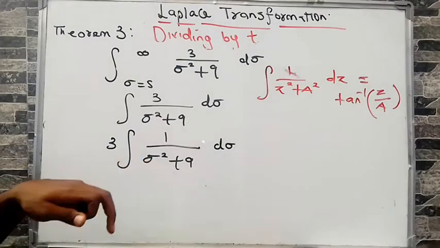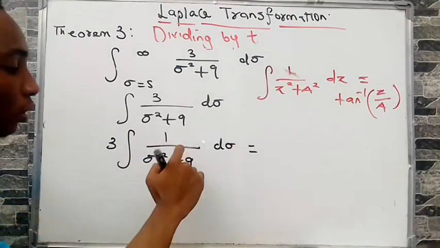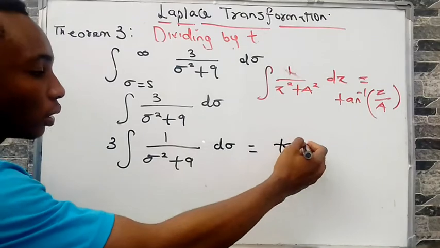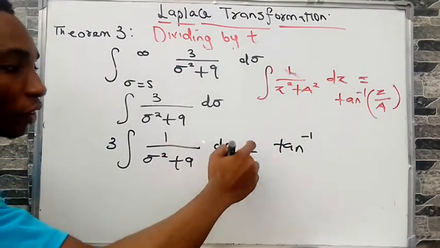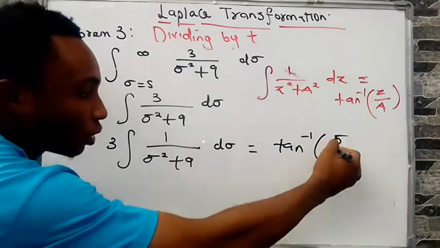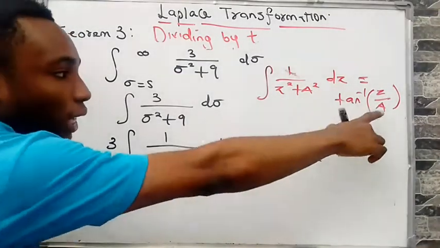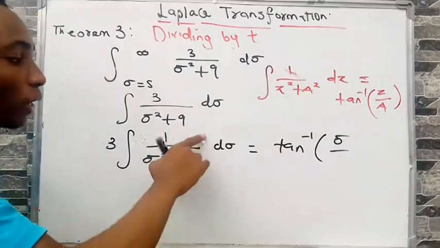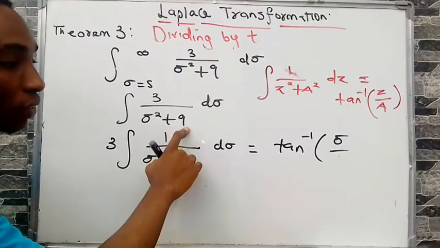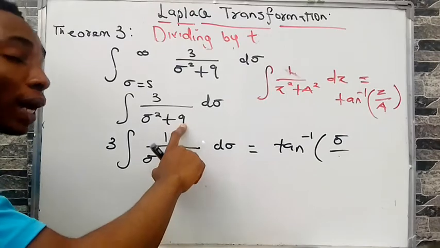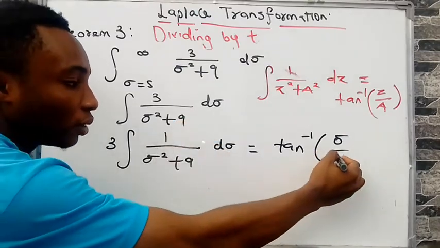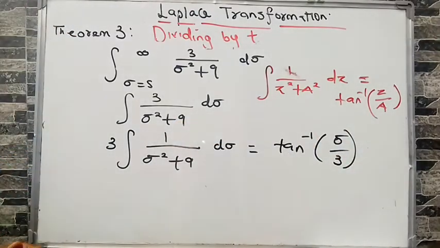Solving this, we'll be having tan inverse of z, which in this case is my variable, over a, where a is a constant. Comparing this, the a squared here is 9, so my a is 3.